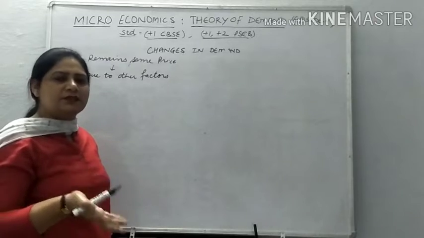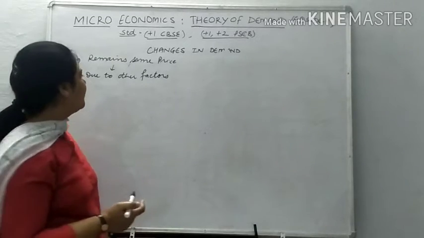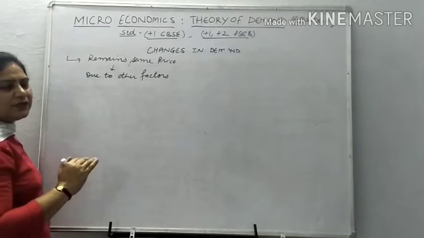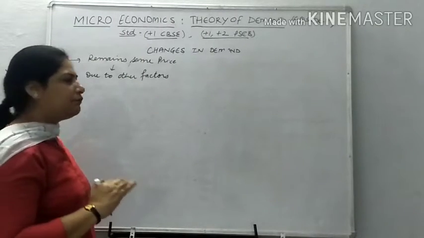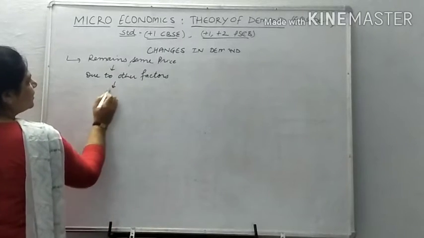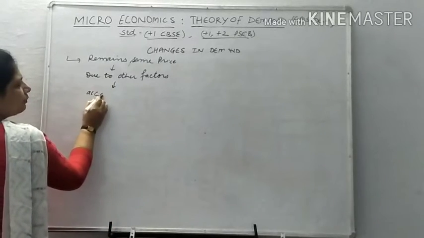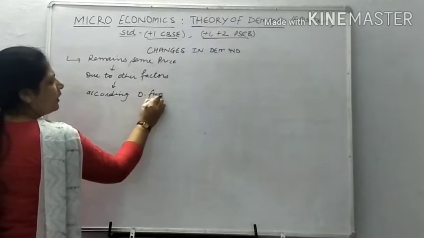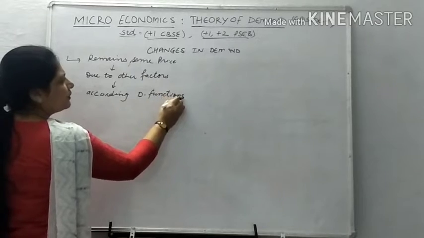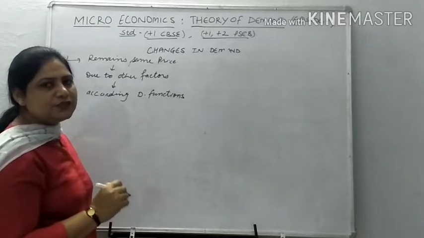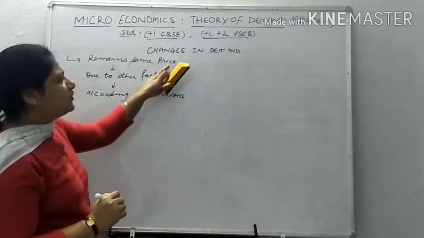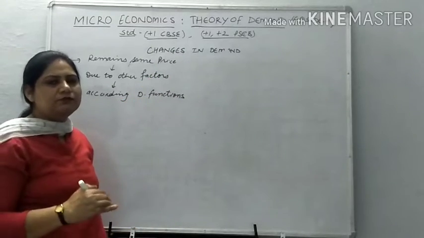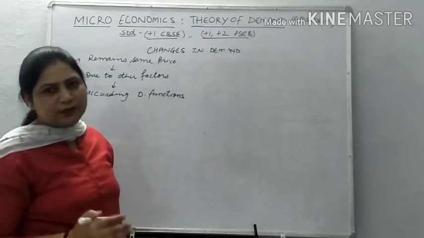Sometimes price increases, sometimes price decreases. So what are the other factors? Those factors that you have read in the demand function. Demand function means all those factors that can affect consumers' demand except change in price. There is no change in price, but still the consumer is demanding more or less quantity.